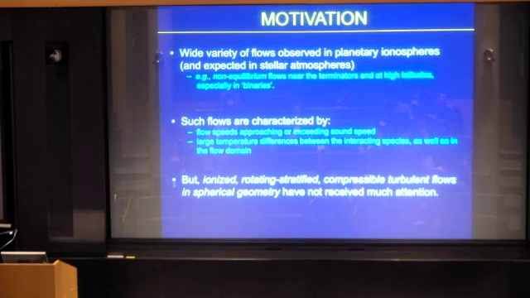So this talk is really about looking at the situation of flows in ionized, rotating, stratified, and compressible turbulent flows, and all that in spherical geometry, which hasn't been investigated very much thus far.